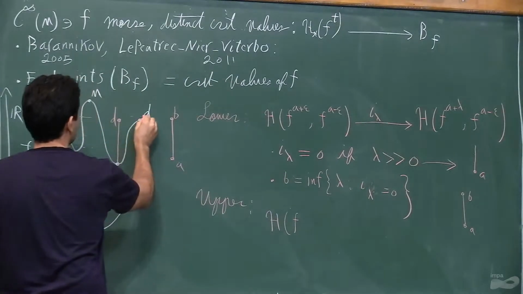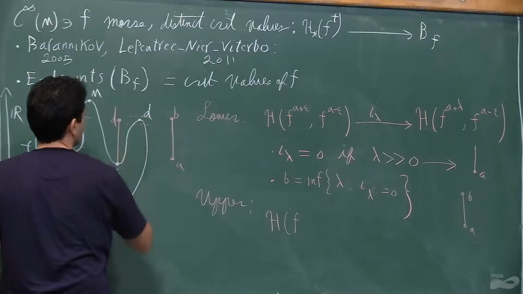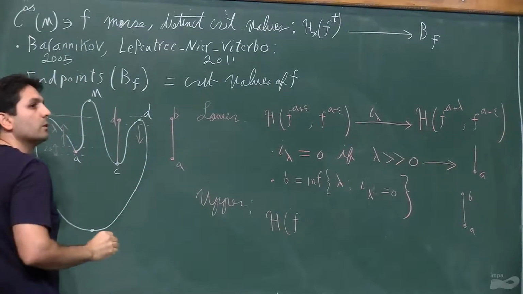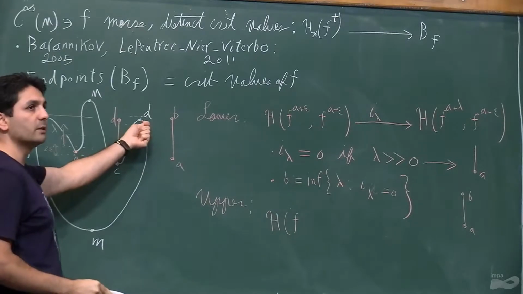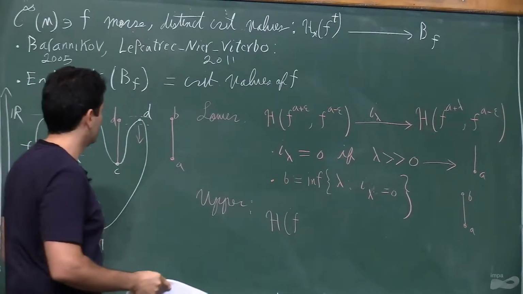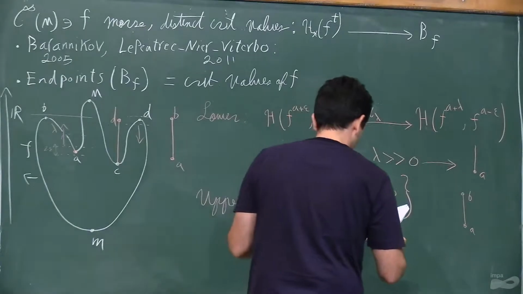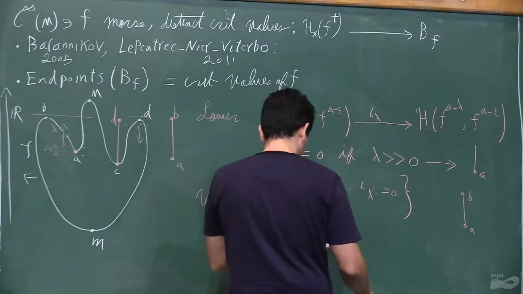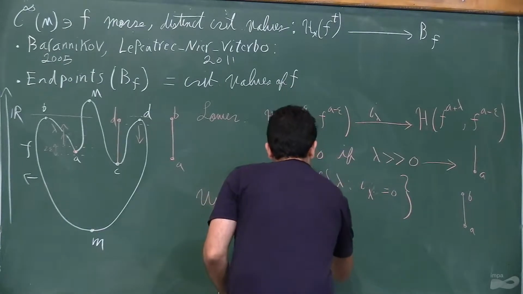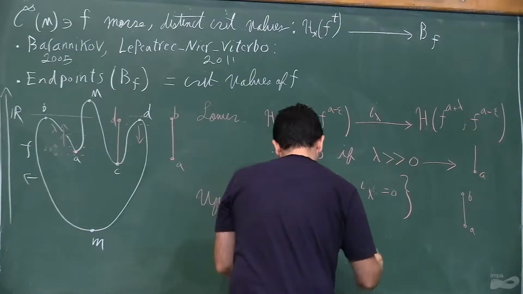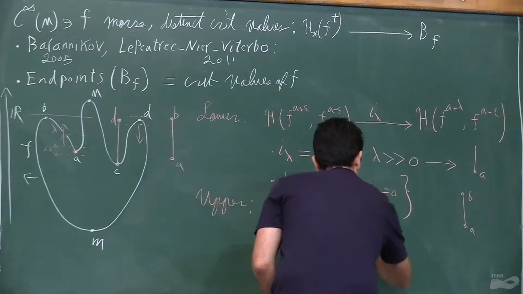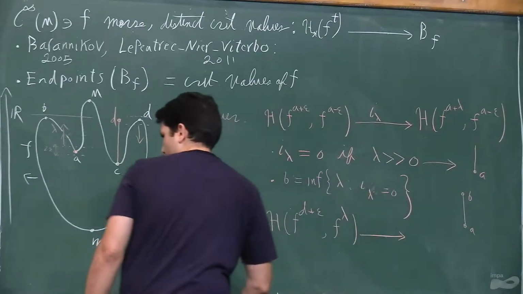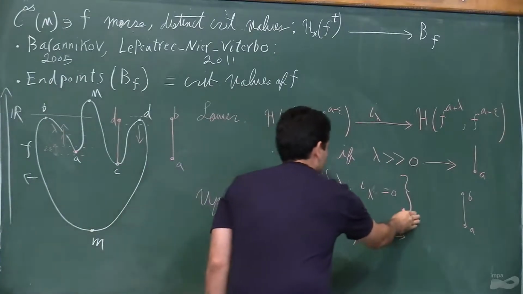You go to D, look at the homology in this window, and then lower the edge of the window and see what happens, waiting till the homology class represented by D dies, or stops being a cycle. That corresponds to the following map.